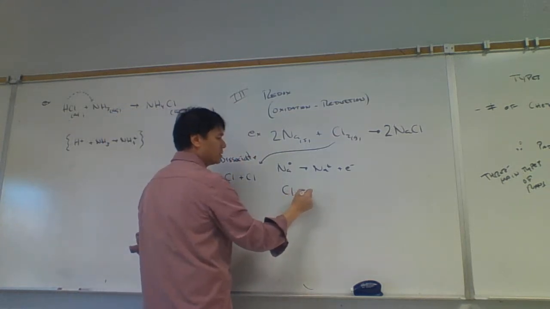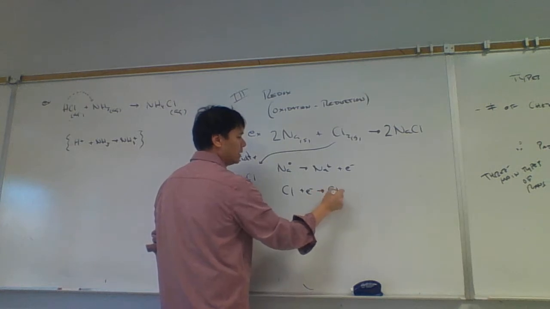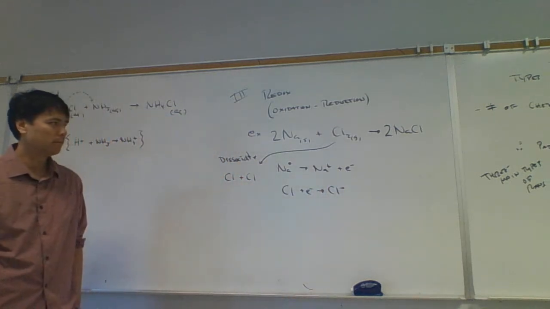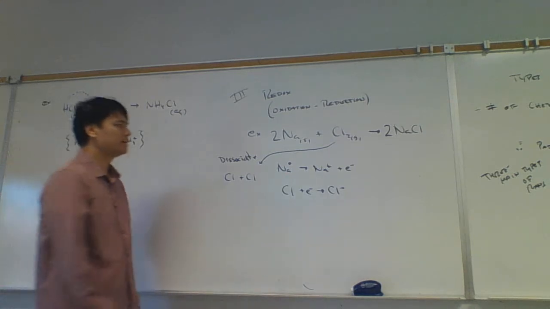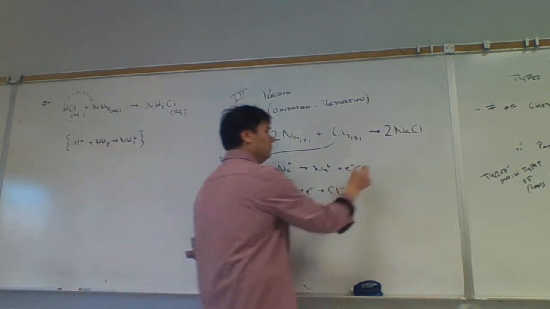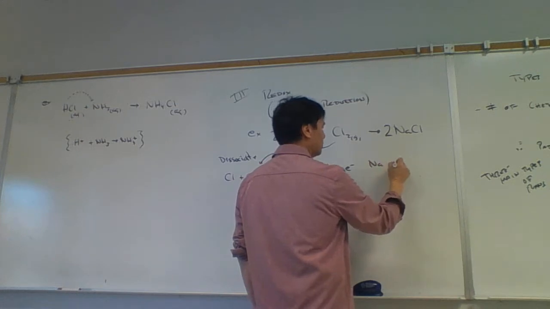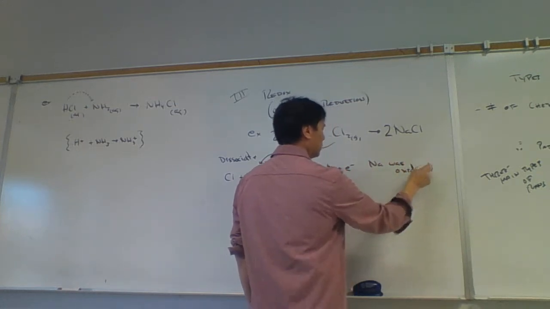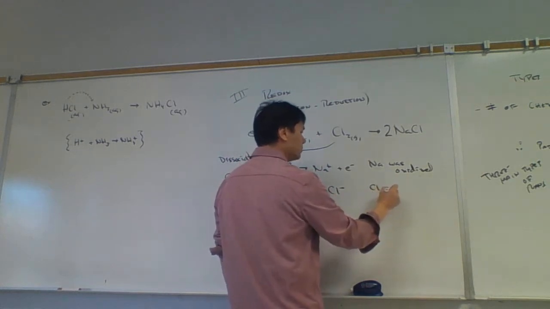Now the Cl is going to gain an electron to form Cl minus. So we say that sodium was oxidized and that chlorine was reduced.